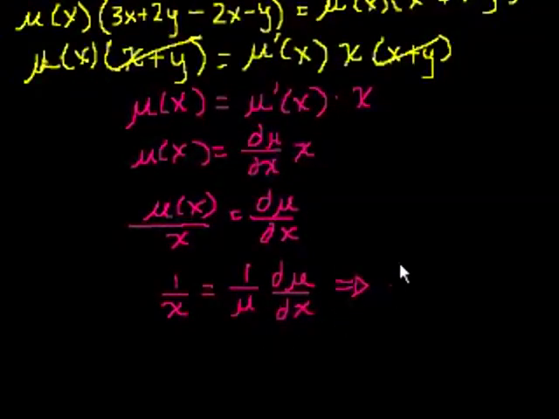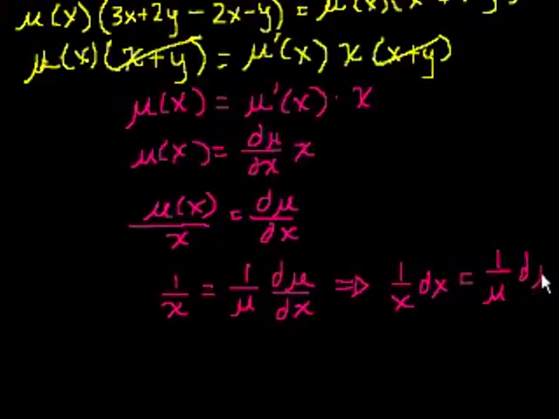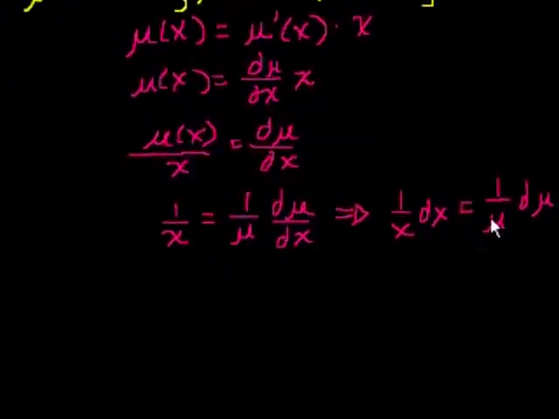Multiply both sides by dx, you get 1 over x dx is equal to 1 over mu of x d mu. Now you could integrate both sides of this and you'll get the natural log of the absolute value of x is equal to the natural log of the absolute value of mu, etc., etc. But it should be pretty clear from this that x is equal to mu, or mu is equal to x, right? They're identical if you look at both sides of this equation. You can just change x for mu and it becomes the other side.